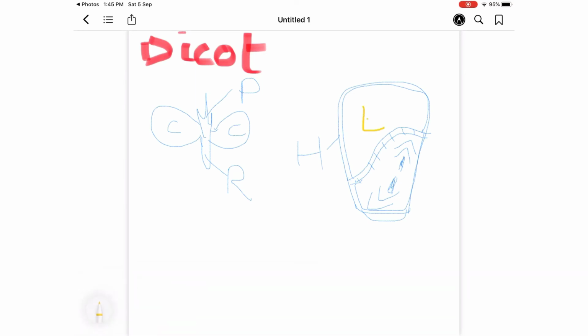Here is the endosperm part. I have shown it with yellow color. So this is endosperm, and the maize seed looks like this. Just near the endosperm part is the aleuron layer. I am writing over here denoting it by A, and this is a monocot.